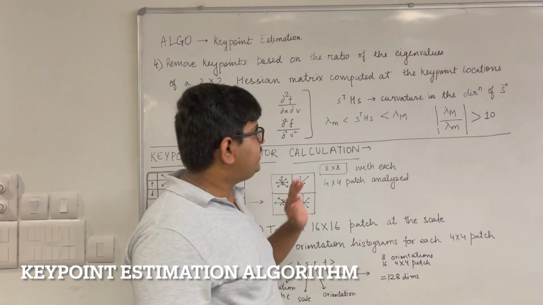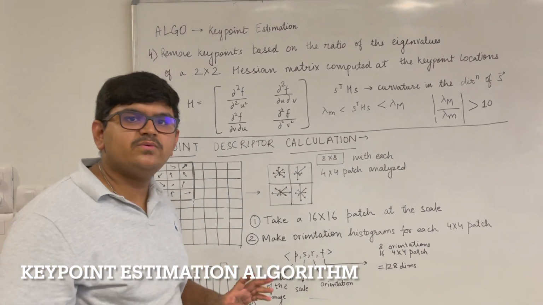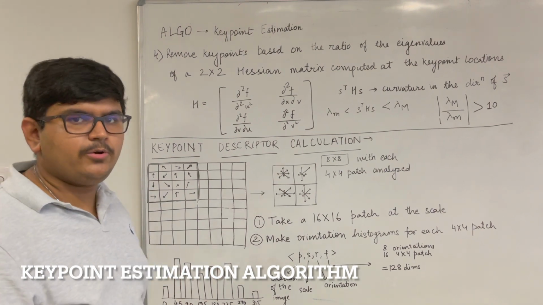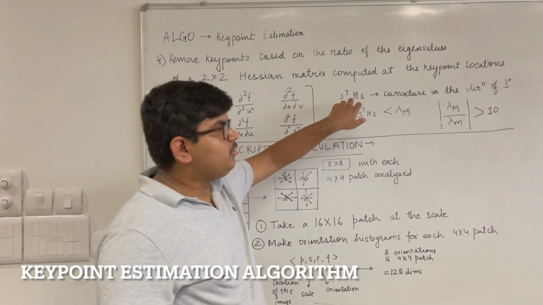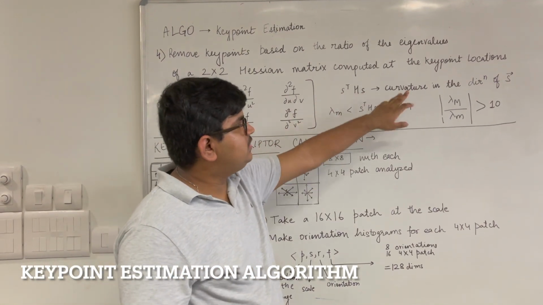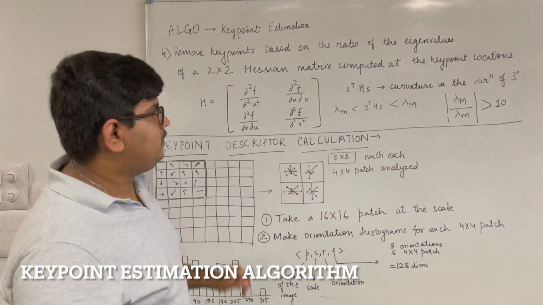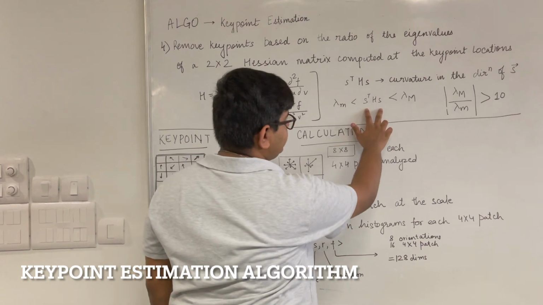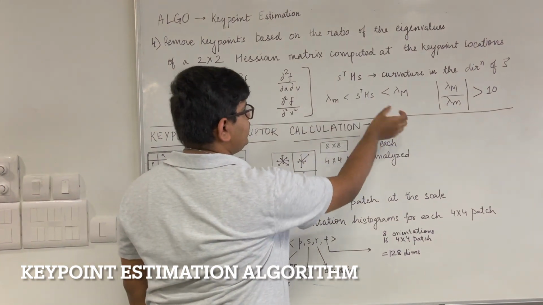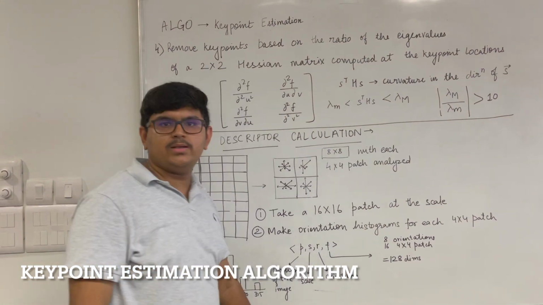Now the Hessian matrix essentially encodes the curvature information at a particular point, in all directions, and S transpose H S gives you the curvature in the direction of the vector S. Assuming S is a unit vector, this thing is bounded by the minimum and maximum eigenvalues.